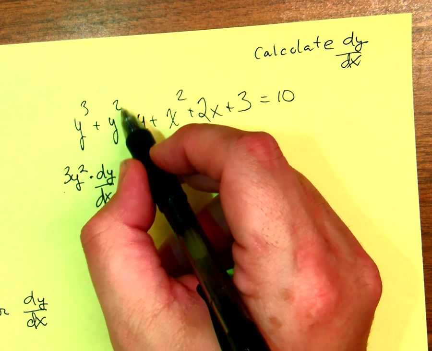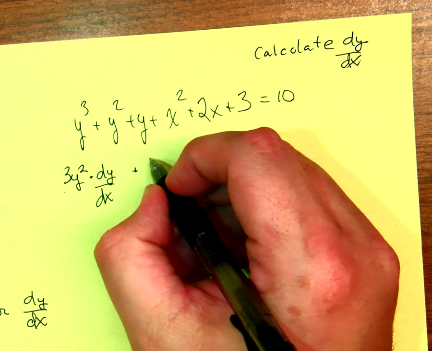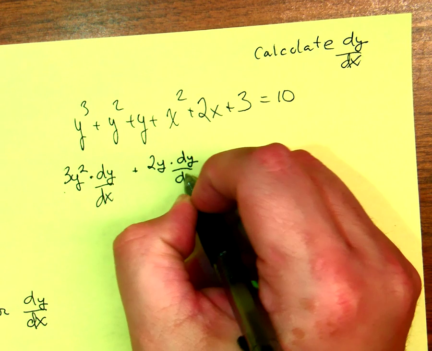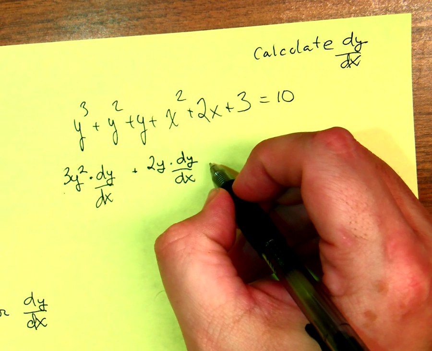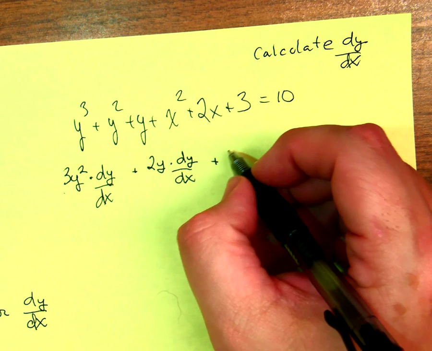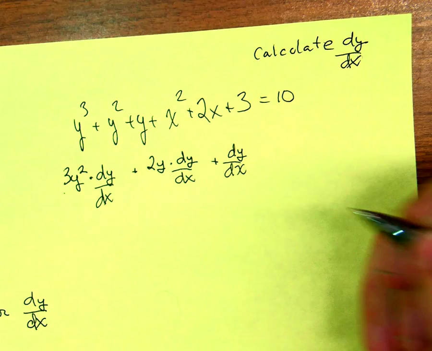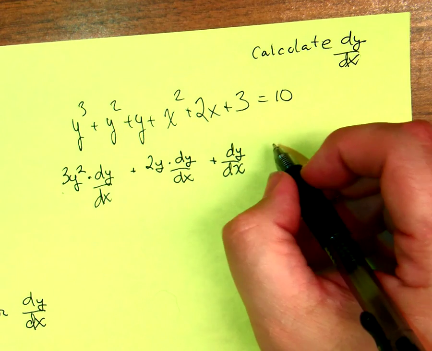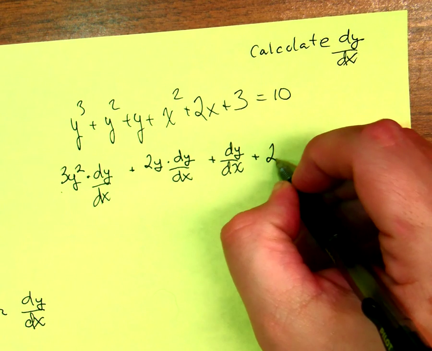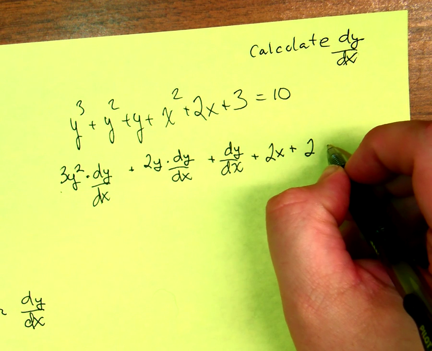All right, that's plus 2y times dy dx. What's the derivative of y? Yeah, because it wasn't an x. Plus, what's the derivative of x squared? 2x. What's the derivative of 2x? What's the derivative of 3? 0. What's the derivative of 10? 0.